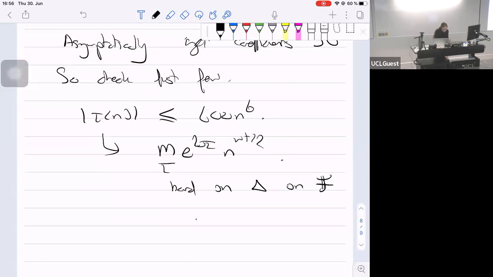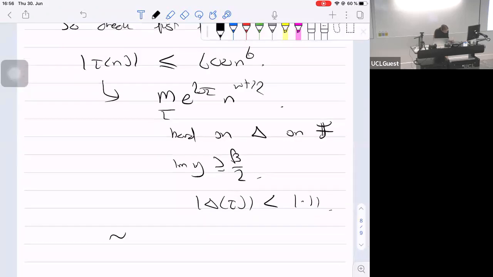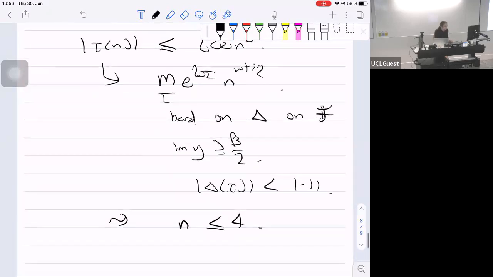And I think just by looking at the Q expansion in product form and assuming that the imaginary part is greater or equal to √3 over 2, so you're in the fundamental domain, you can show something like delta is less than about 1.11. Do some rough calculations. You should only need to check up to n less than or equal to 4 in order to confirm all the coefficients are non-zero.